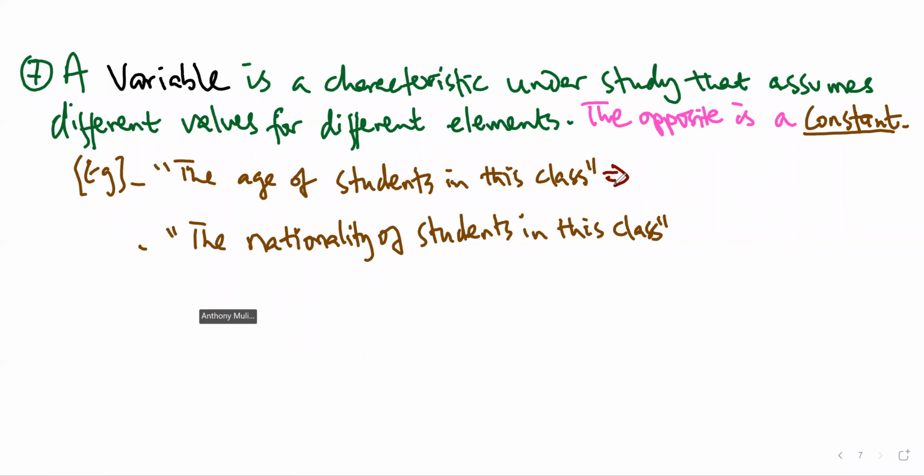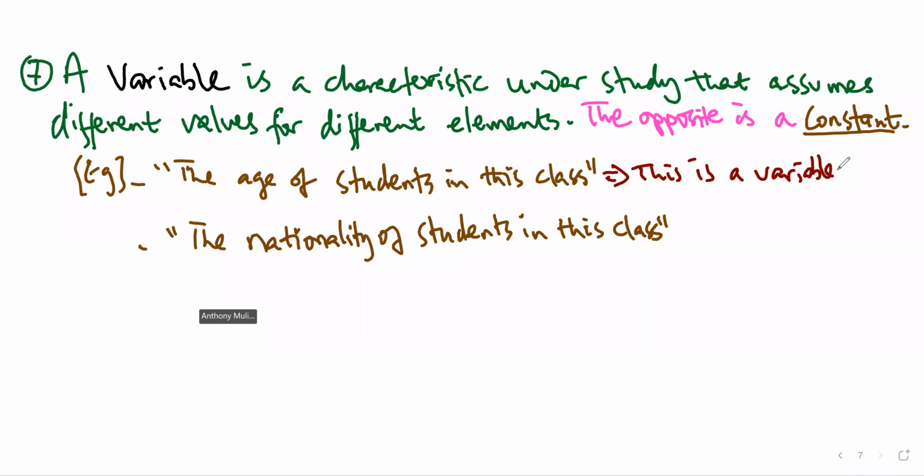Possibly there are people who are the same age if you were to round off, but for many people, their age is quite different. So the age of students in this class is not the same, which qualifies it to be a variable.